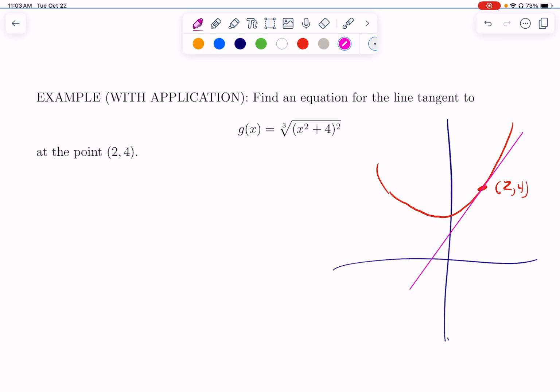Let's rewrite this. So we can actually write this as x squared plus 4 to a single power. I have a radical, I have squaring. Think about how you can combine those into a single power.